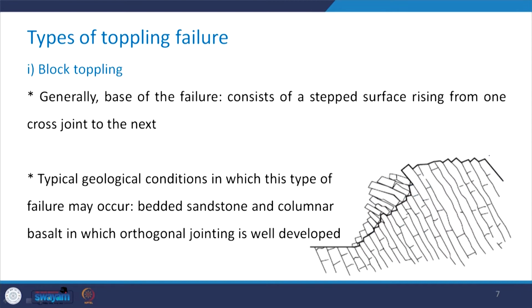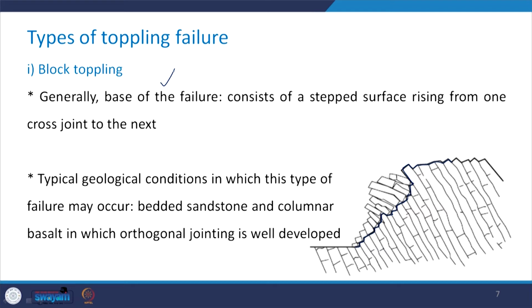Generally, the base of the failure consists of a stepped surface rising from one cross joint to the next. Take a look here. What I mean to say is that this stepped portion, which is formed by the orthogonal joints of these columns, is what is going to define the base of the failure surface.